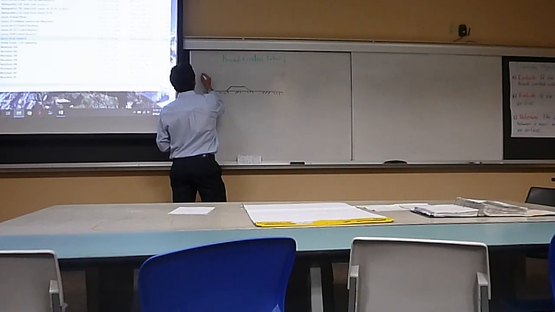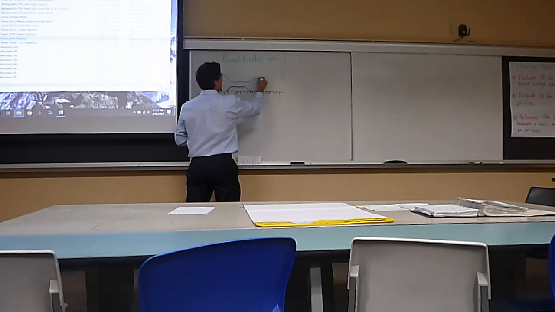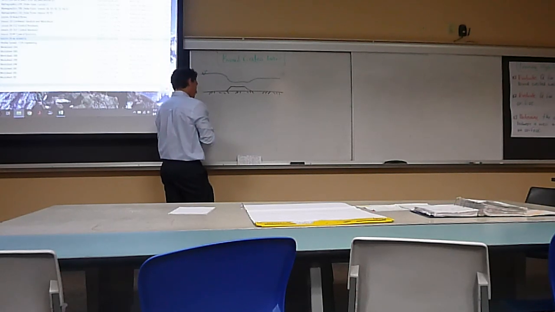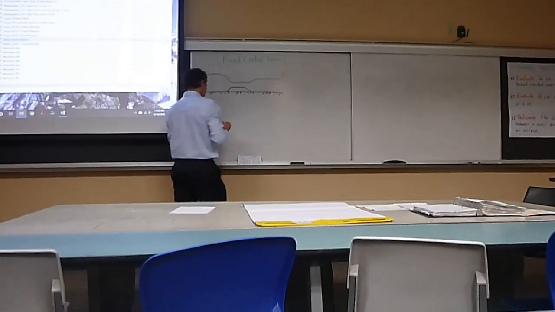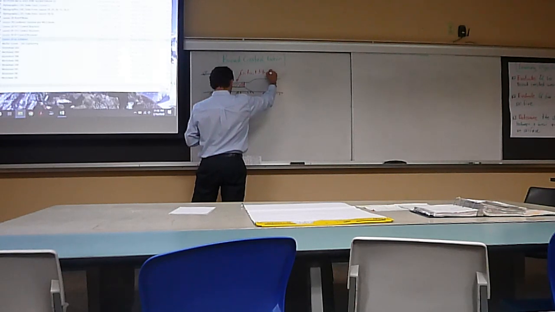What will happen with our broad-crested weir is our flow will do something like that. Generally, it will return back to some subcritical level downstream. What we're looking at here is that the broad-crested weir will create this entire area here of critical flow.